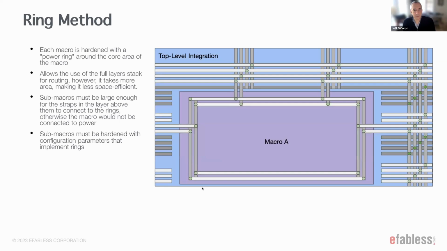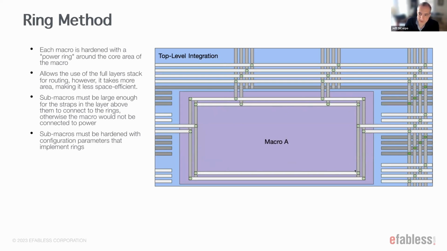So the second one is the ring method. In the ring method, you're implementing a power ring for each sub macro that goes around the perimeter of the macro, and then power is connected to that. The advantage of this is that within the core area of the macro, inside of those power rings, you have the full set of metal layers to route with, and so it allows you to have more complex macros.